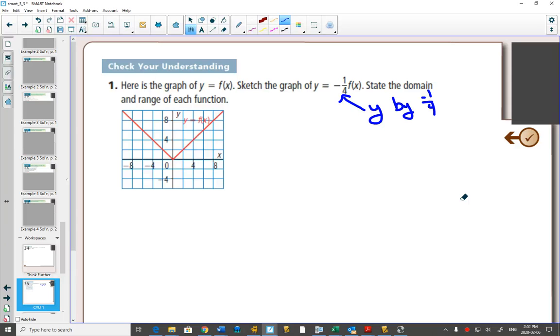Now, to find out what the graph looks like, we need to take key points from our original graph and then multiply the y values by -1/4 and see where those points go.